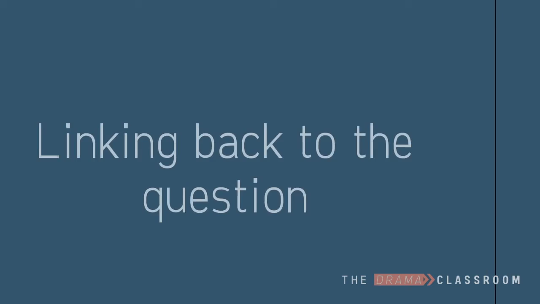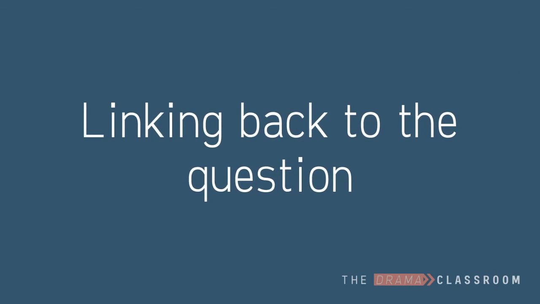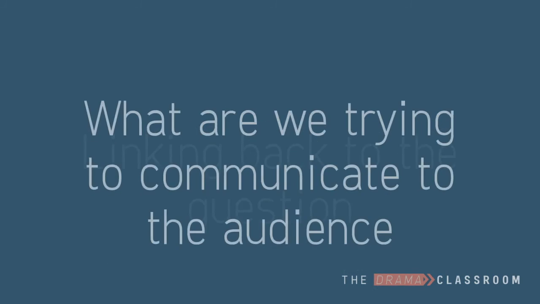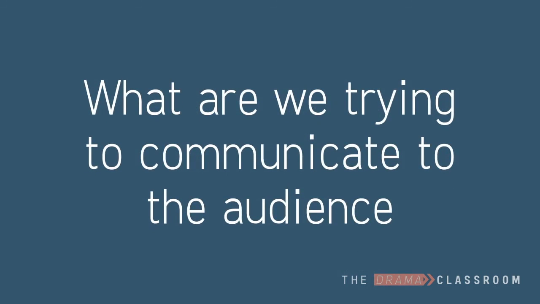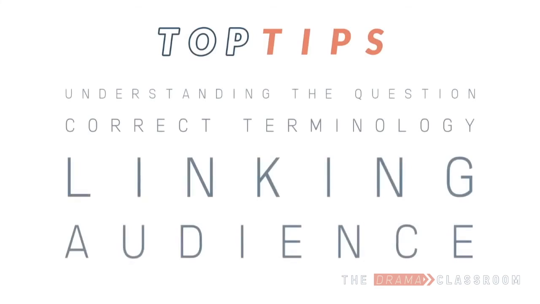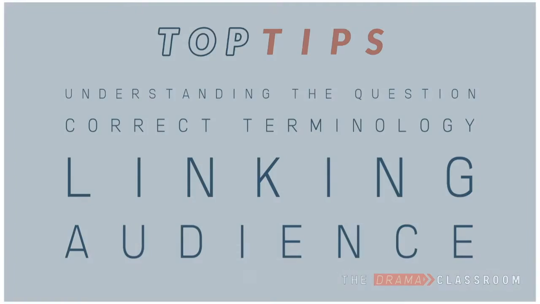You also have to make sure that you are linking back to what the question is asking you at all times. And you need to make it clear what you're trying to communicate to the audience, because this is always about the audience. So just to go back over that: understanding the question, using correct terminology, linking back to the question, and making sure you're talking about audience communication.